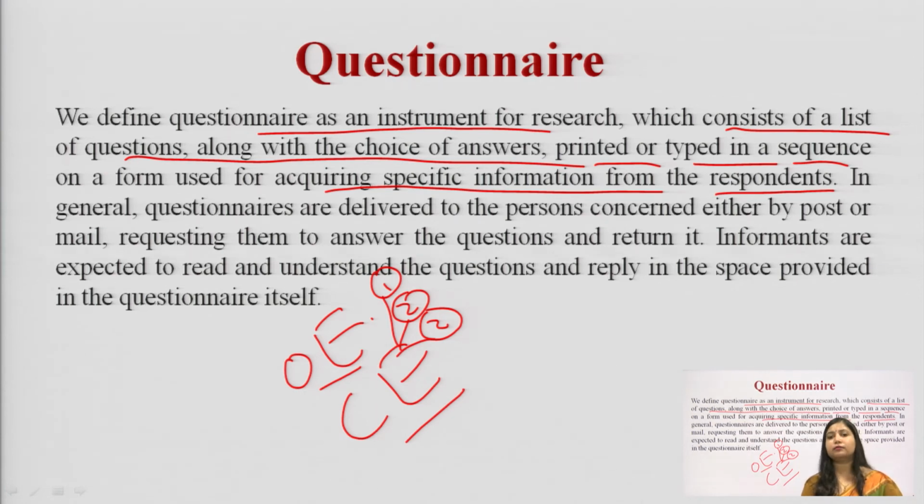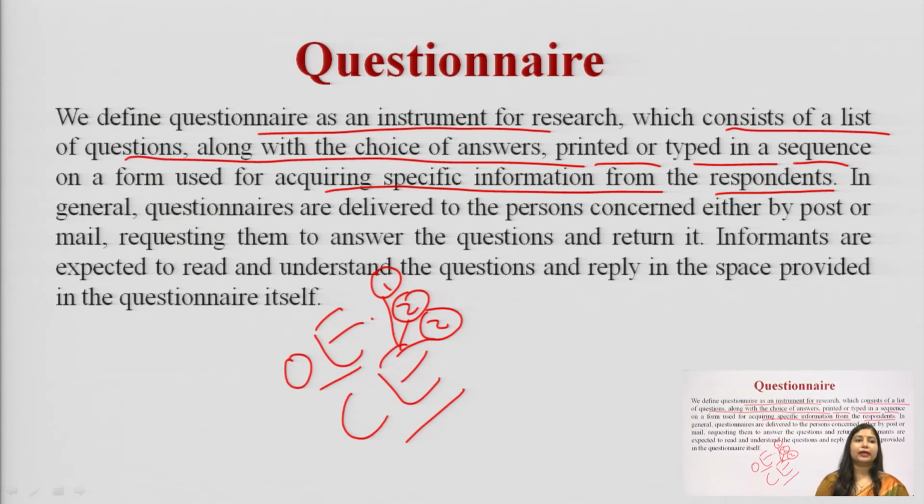So, in the questionnaire, you put the list of questions and the choices, and it may be printed, typed, or in electronic form like a Google form or Microsoft form, whatever the browser you can use.